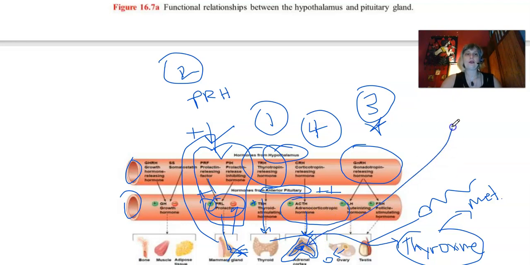Okay, so what's in the adrenal cortex? We have mineralocorticoids and glucocorticoids, okay? So mineralocorticoids are a series of hormones. We have, for example, hormones that are going to increase hair growth.